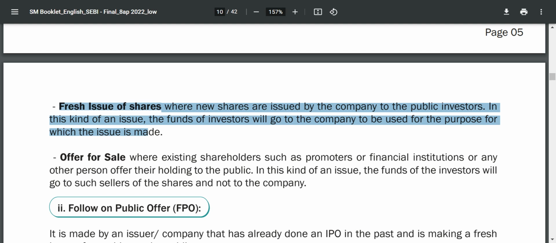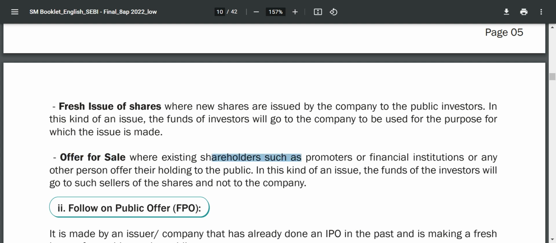Fresh issue of shares has been discussed. Next, we are discussing our second form, which is the offer for sale, where existing shareholders, such as promoters, financial institutions, or any other persons, offer their holdings to the public.